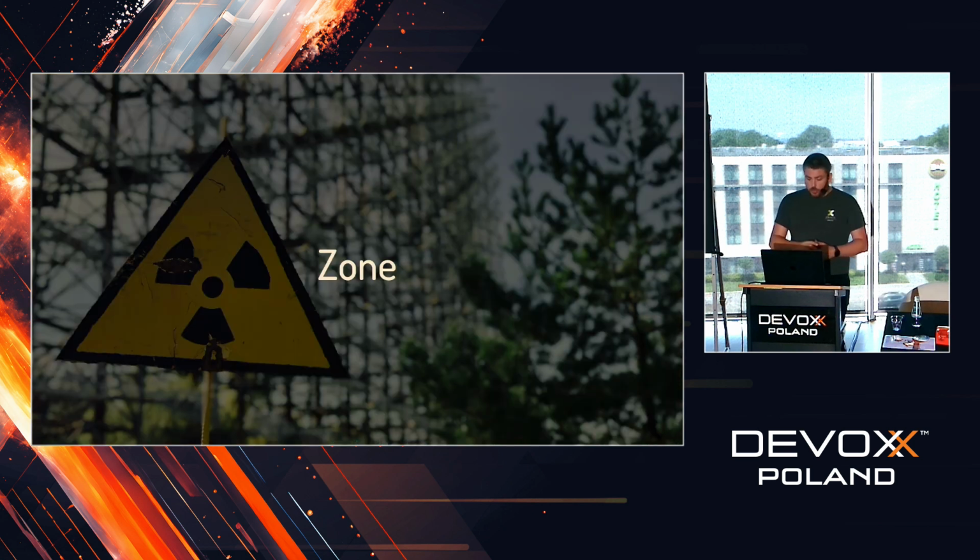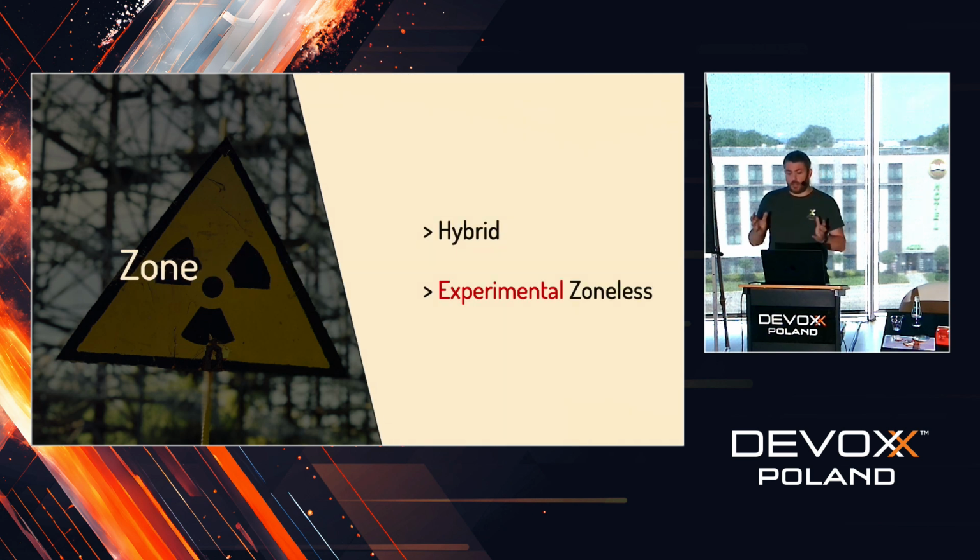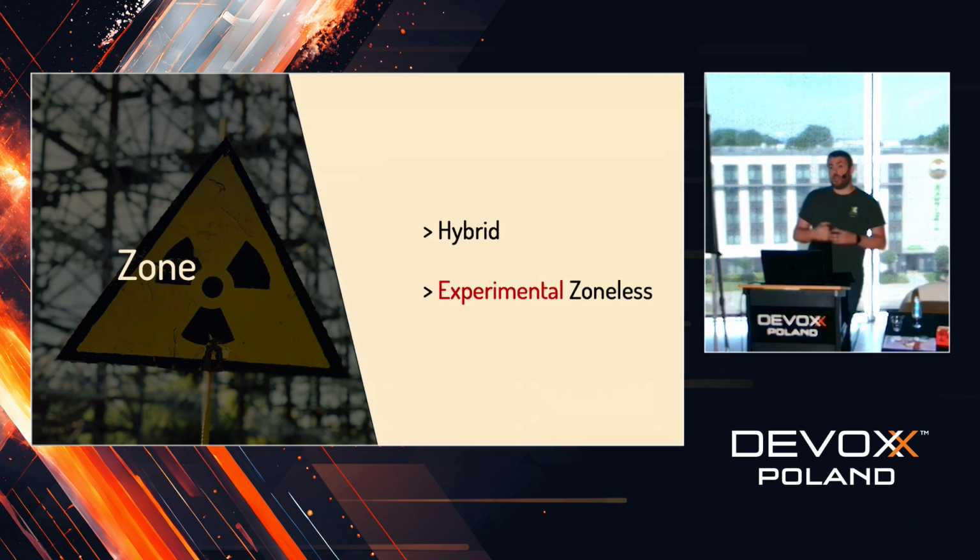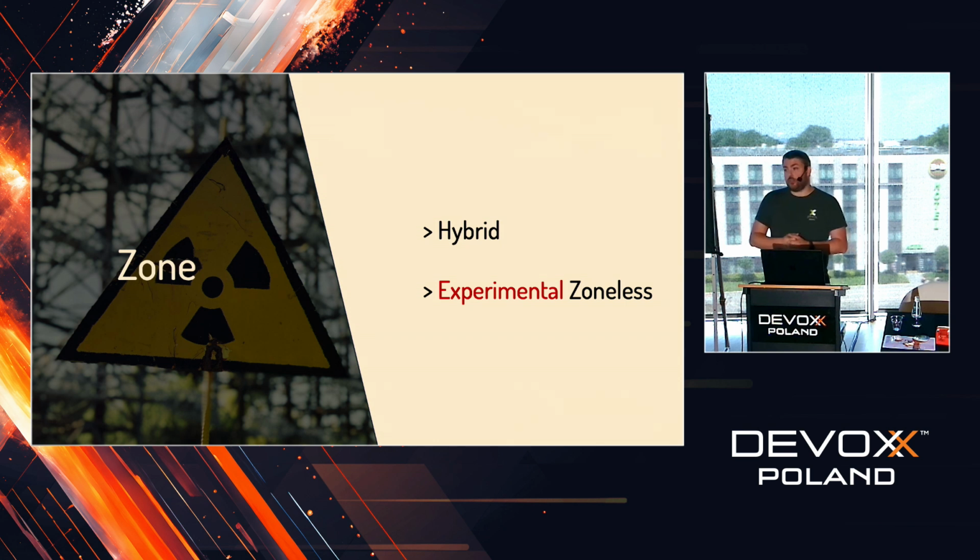I'm going to move on to zone again, because those signals are opening the way to get rid of zone, basically. We don't need zone anymore. But we cannot drop zone like that, for a really good reason. All our components and all our libraries are not, or probably not, signal ready and zoneless ready at the moment.